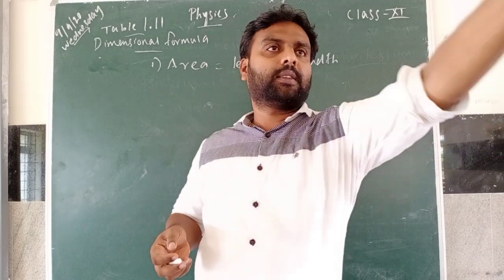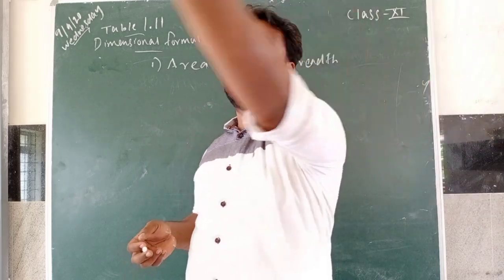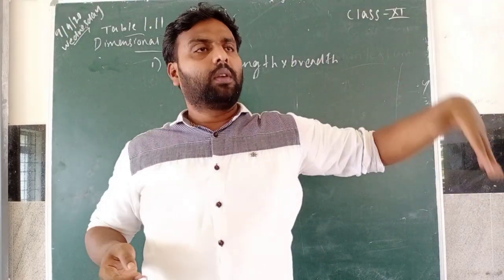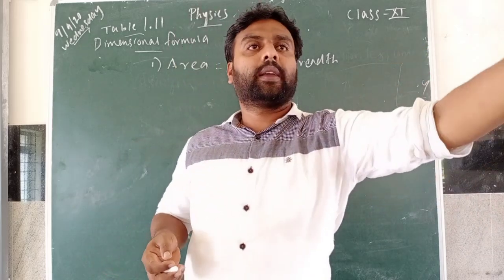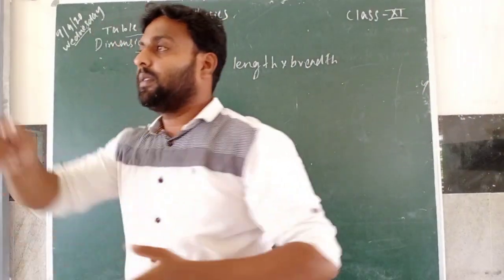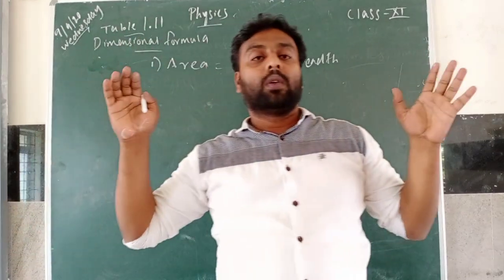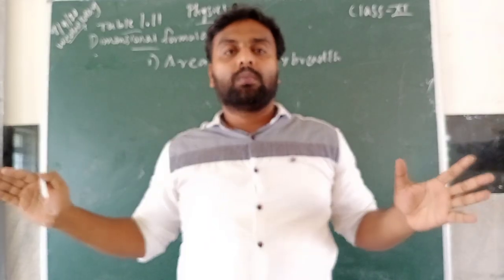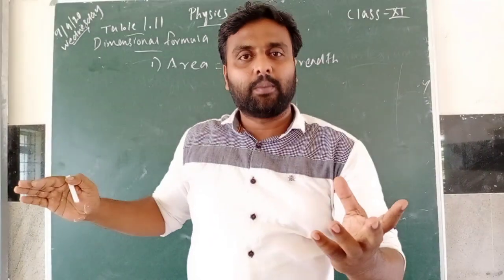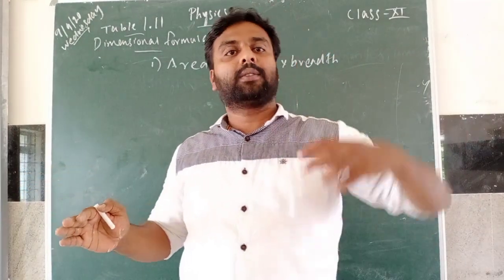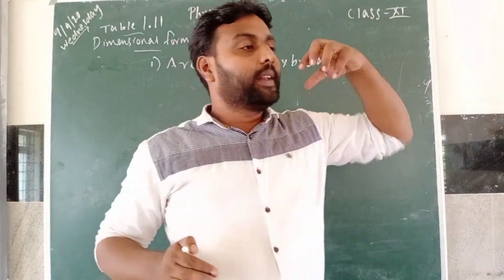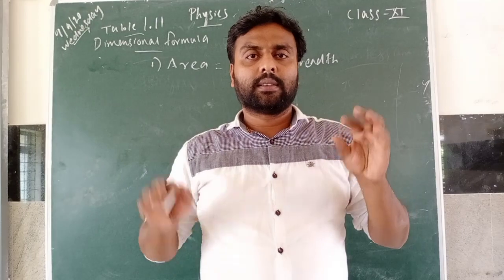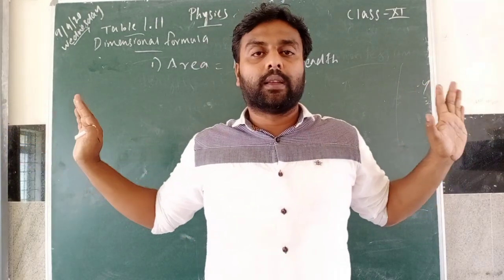Suppose we are measuring this room. We are measuring the length and the breadth, so we can mention this is also length. When you are measuring one room, whether the breadth, the height or the depth, anything you measure is just length only.